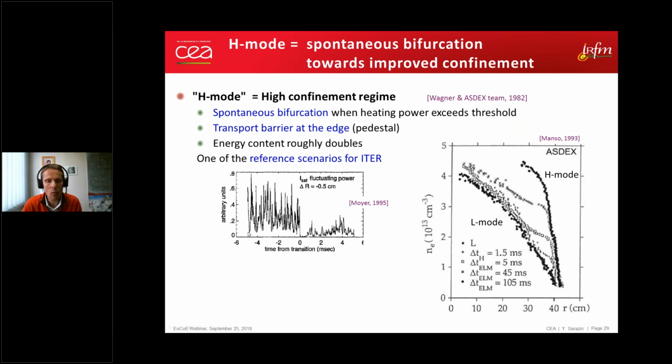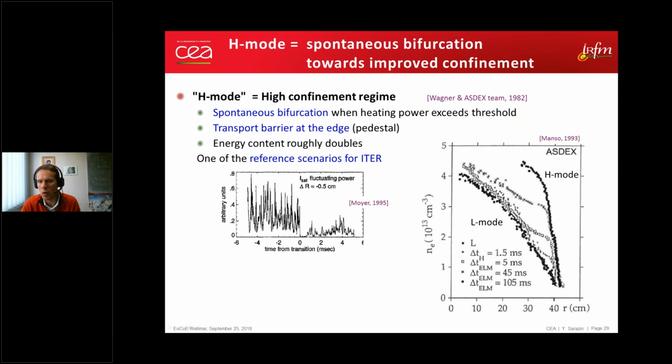In this region, when you enter the H mode, the turbulence spontaneously decreases a lot, and here you can see the magnitude of the fluctuation versus time. In the normal regime, called the low confinement regime, or L mode, the magnitude of the fluctuation is fairly large, and spontaneously the plasma at some point enters the H mode, the high confinement regime, with a reduced level of turbulence.